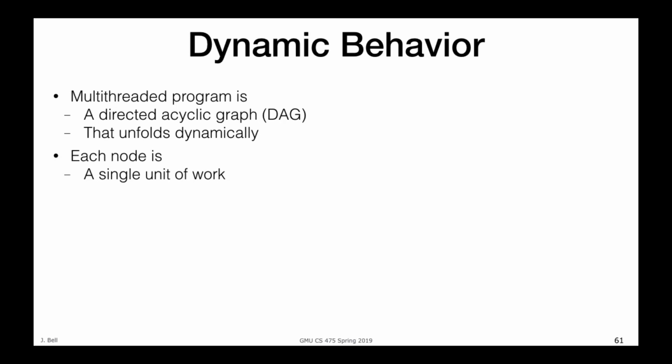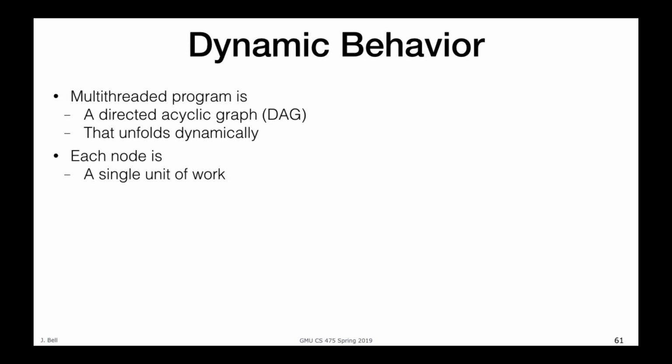Formally, we can model this multi-threaded program as a DAG, a directed acyclic graph, where each node in the graph is one step of the program. And that graph unfolds dynamically as our program is running.